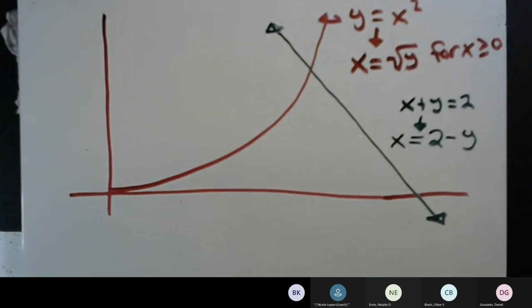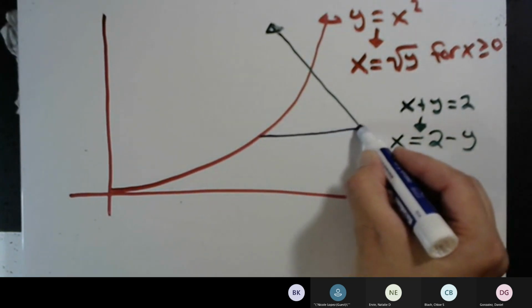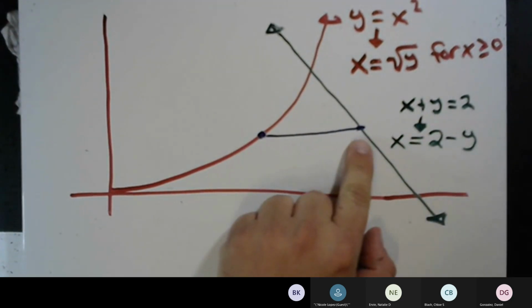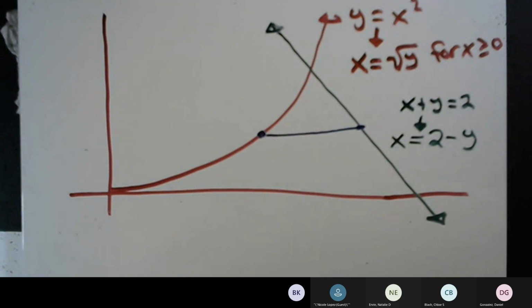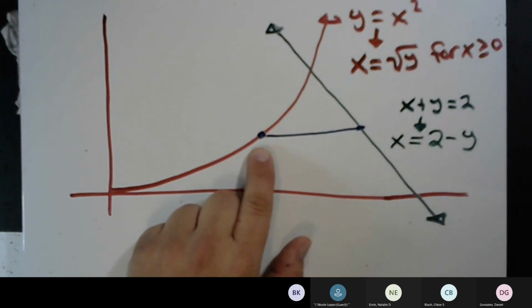And so what we can do, if we take a look at this, this is going to be our f of y, pardon me. So this is going to be our f of y, and this is going to be our g of y.